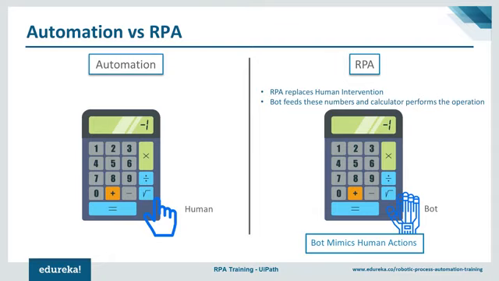So basically, if you were to take away the difference between automation and RPA, automation was the invention of a new technology to automate calculations. But when you talk about RPA, guys, RPA is not a new invention. For every technology, it will be the same invention, but it will not change the underlying technology.